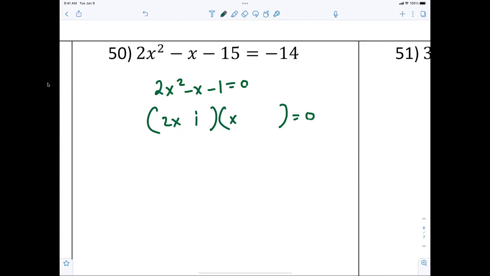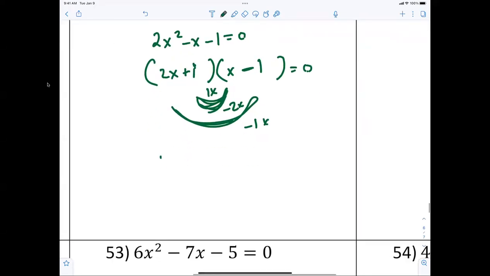Negative 1 on the right, positive 1 on the left. And the other, 1x and 2x. So where does the negative go? And the positive goes on the left, because that gives me 1x, negative 2x. Now we set the factors equal to 0. Negative 1/2 and positive 1.